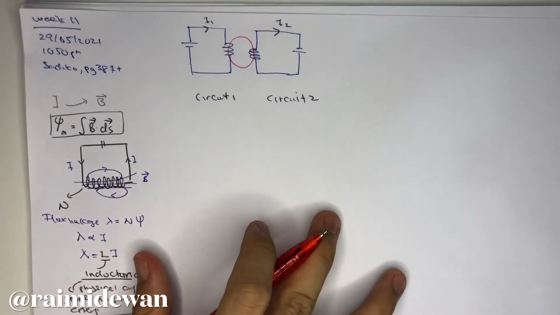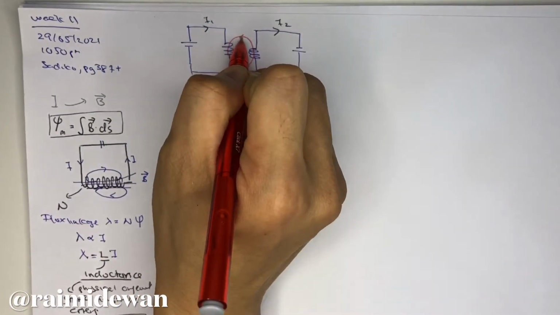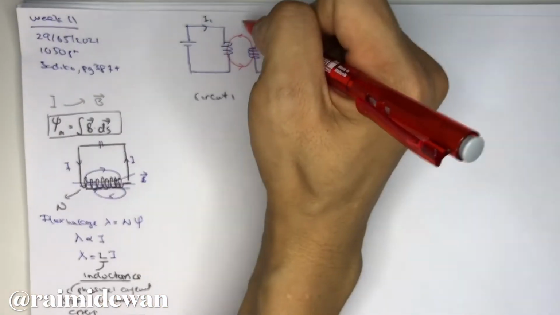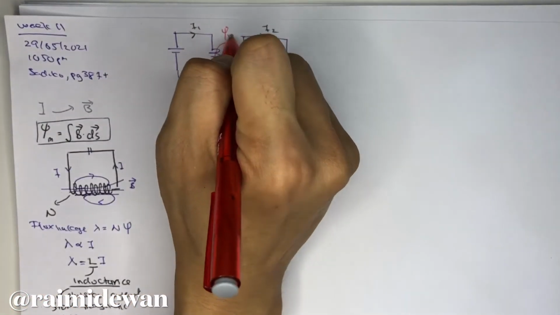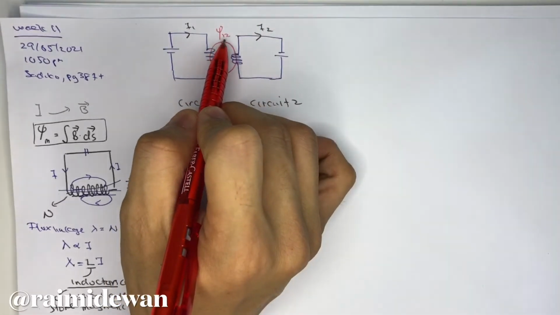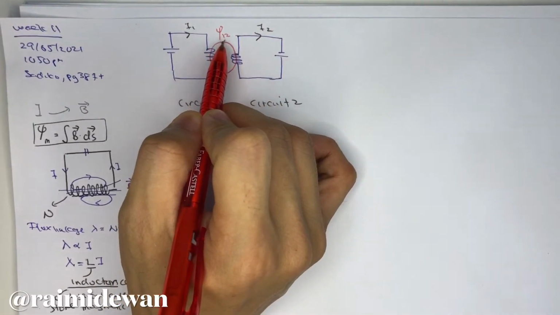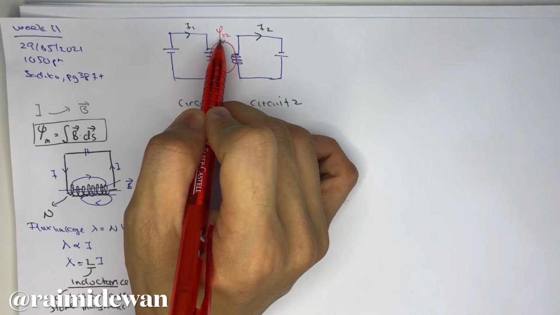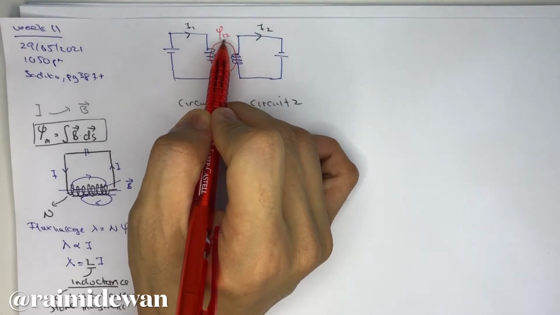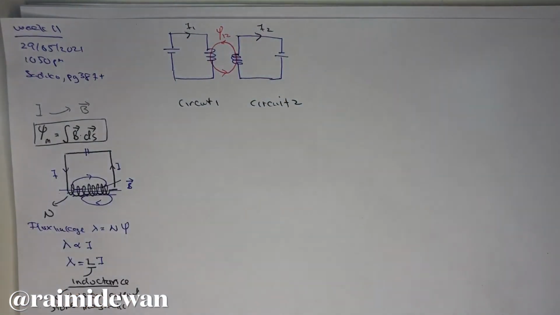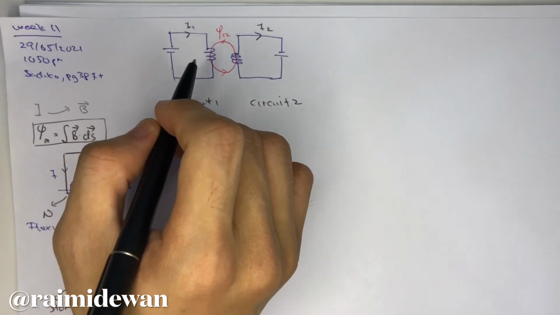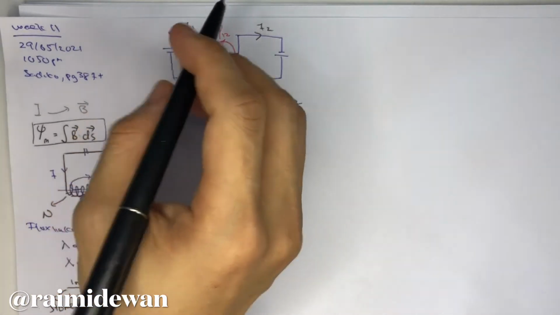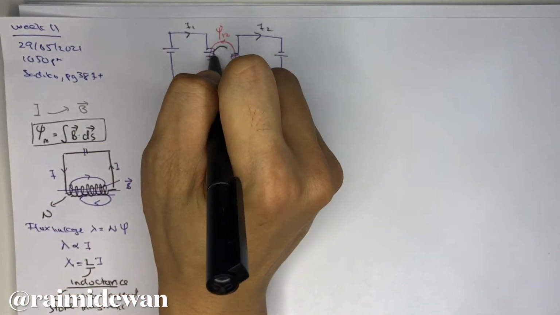So this is referred to as flux 1,2, the flux passing through circuit 1 due to current I2. So the numbering you can see. And of course similarly, you will also have a flux passing through circuit 2 due to current passing through circuit 1.